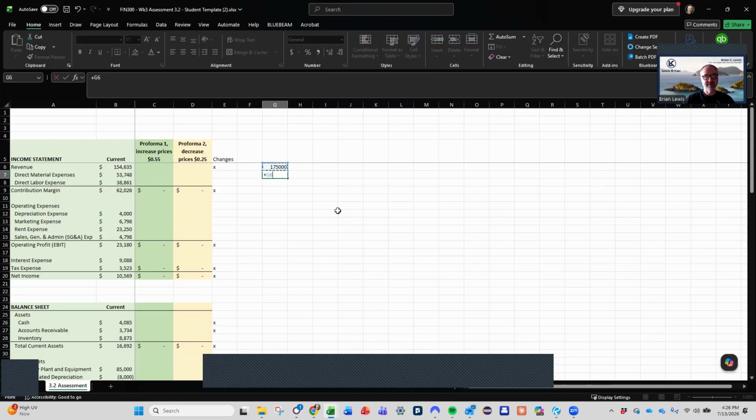If you take 175 and divide it by 365, that's $479.45 per day. And if I know I need to have 8.8 days, then theoretically, 4,219-ish would be my accounts receivable.